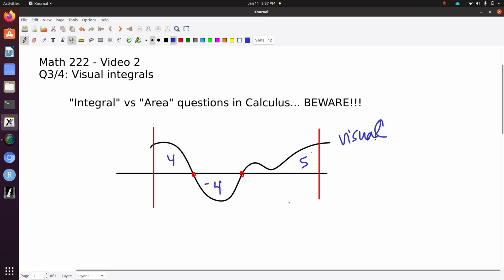So in that case, your integral is going to be 4 minus 4 plus 5, which is 5. So if you're doing a visual question, you have to make sure, if it says integral, that all the area under the axis counts as negative and the area above the axis counts as positive. If it's an area question, you just have to be very, very careful about how it's worded and follow the intent of the question carefully.